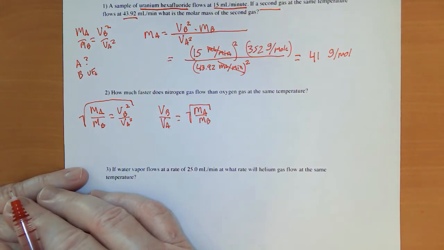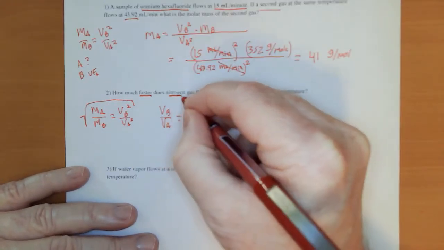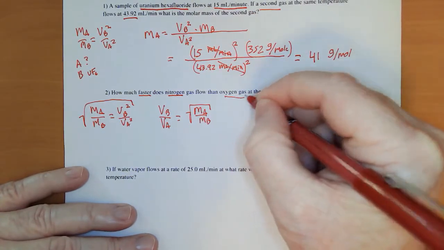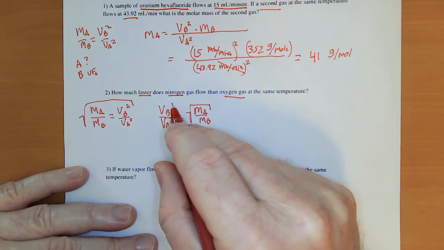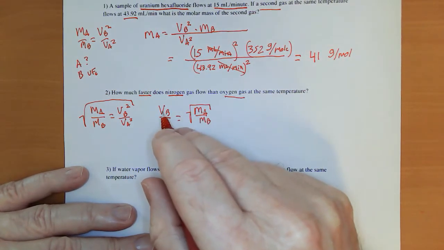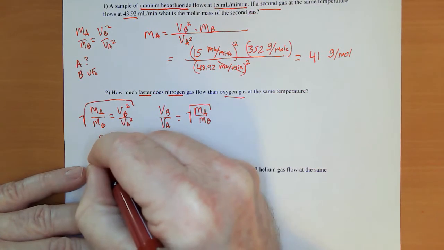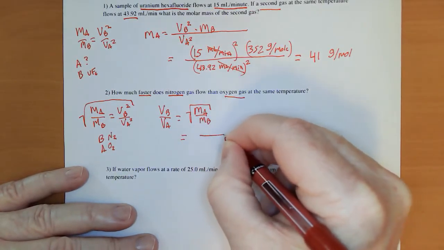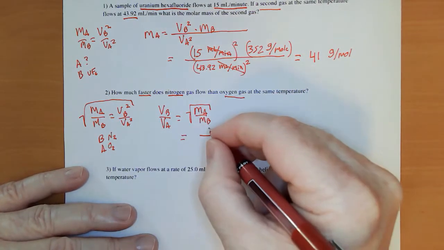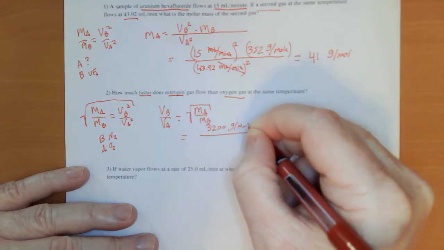Okay? Now it's time to actually do some reading. How much faster does nitrogen flow than oxygen? Since nitrogen is the one compared to oxygen, I'm going to make nitrogen B, and A would be O2. So now the molar mass of A would be 32.00 grams per mole.